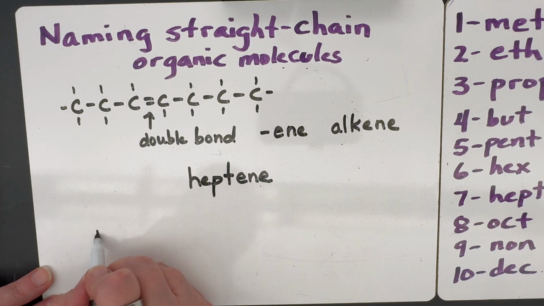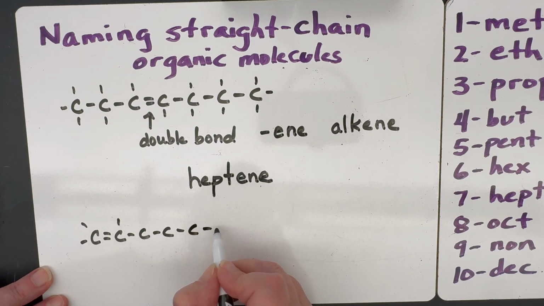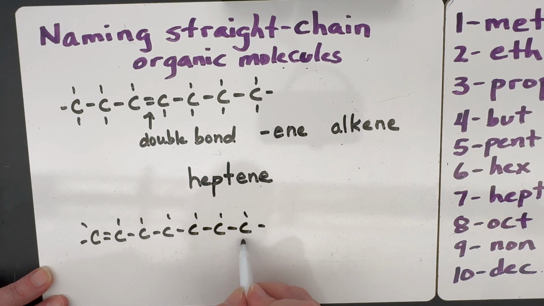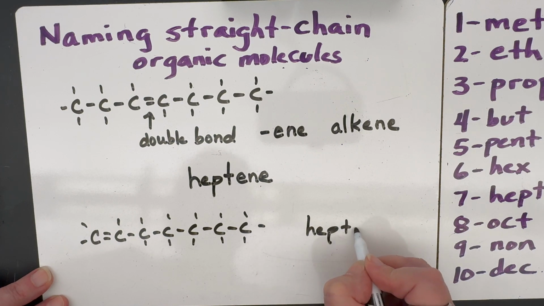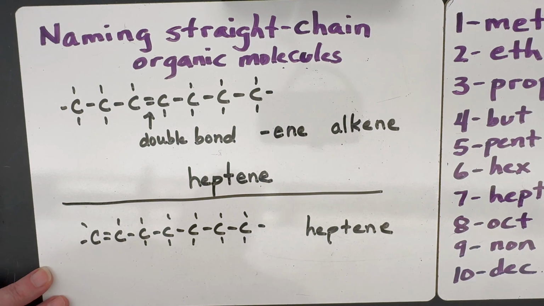If we had it between, say, the first and second carbon and still had 7, 1, 2, 3, 4, 5, 6, 7, that would also be heptene. Well, we can't have 2 different structures with the same name. We use a number to indicate the location of that double bond.